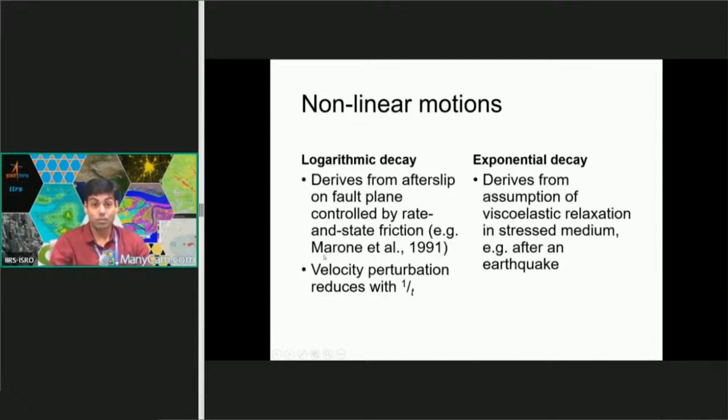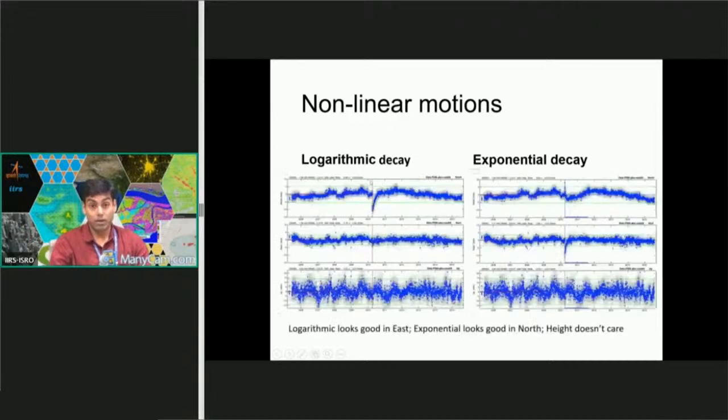So this also causes perturbation in our signal. It derives from afterslip on the fault plane, controlled by rate and state friction. Velocity perturbation reduces with 1/t, and one exponential decay would be there. So we can see clearly the logarithmic decay and exponential decay, non-linear motion.